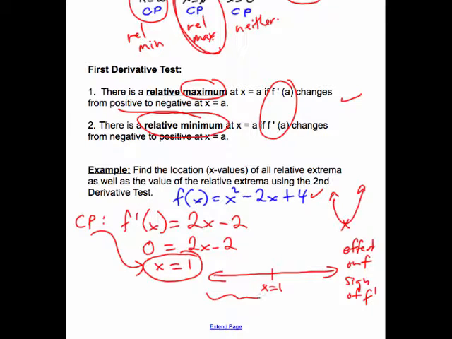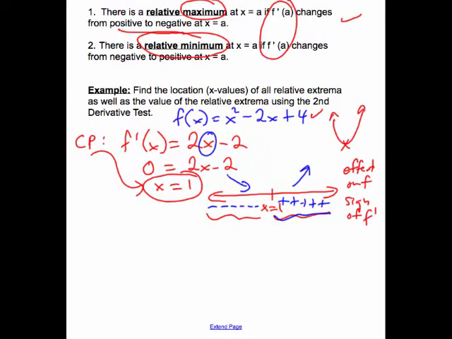Let's take a number less than 1 and plug it into the derivative. If I take x equals 0, for example, I get a negative first derivative. If I take a number more than 1, like 2, I get a positive first derivative, which means that my original graph was decreasing and then increasing.